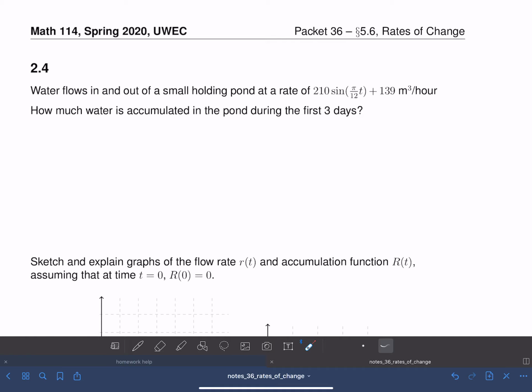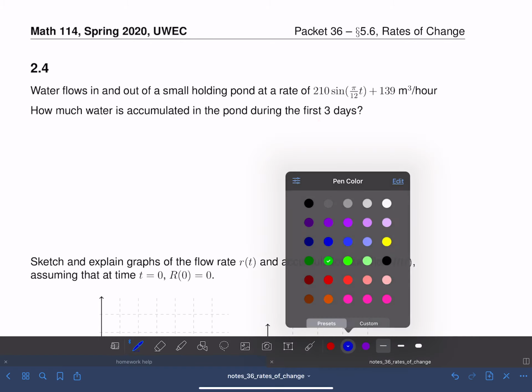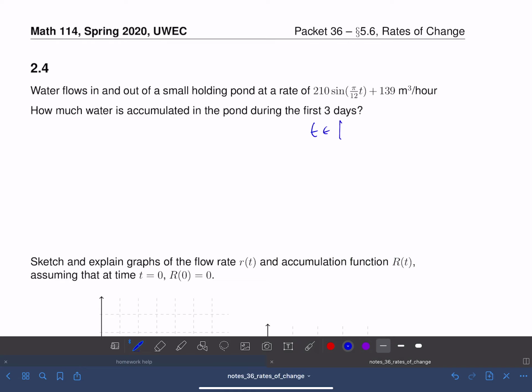So during the first 3 days, that's the time window from 0 to 72 hours. So we want to know the integral from 0 to 72 of 210 sine of pi over 12 times t plus 139 dt.